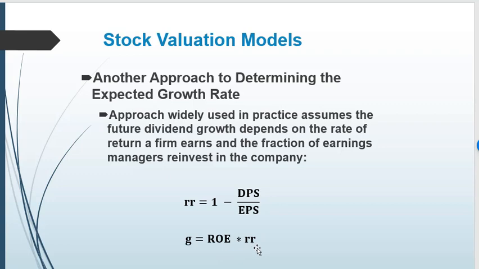Now, as long as the company doesn't change its dividend payout ratio, the growth rate of earnings will also duplicate itself in the growth rate of dividends. So unless we change our dividend policy, this is a good forecast of what we think dividends should be in the future.